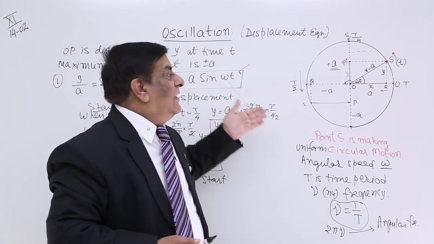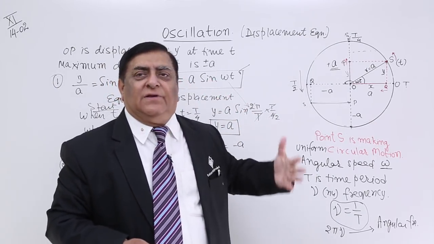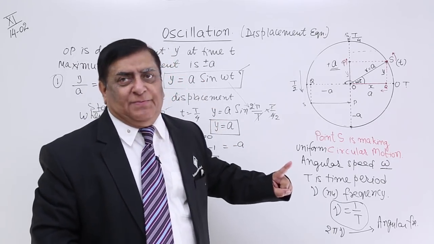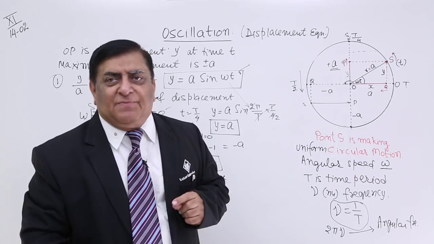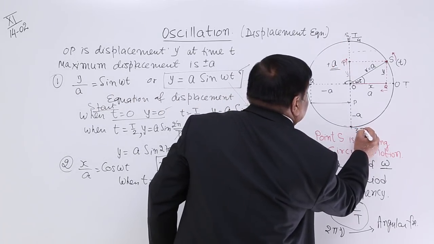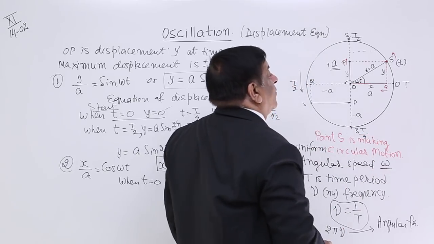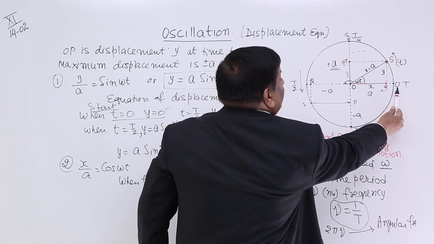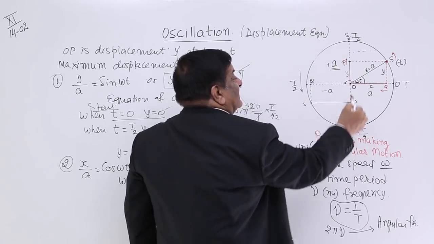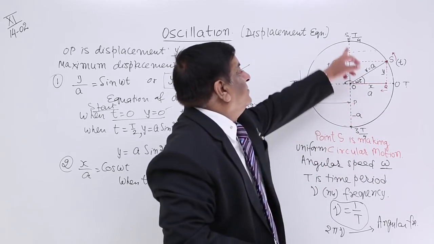But one can work with this, one can work with this, any of them. So this is the equation of displacement. The displacement is maximum when the time is T by 4 and the time is 3T by 4. It is 0 when the time is 0 and the time is T by 2. I am talking about this.